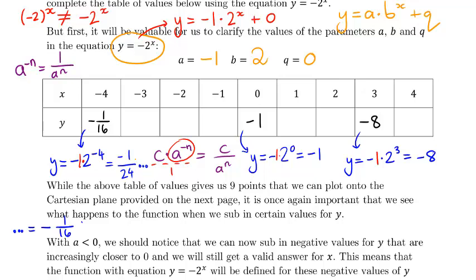So with that logic, we should see that all these y values are just going to be the negative versions of what they were for the classic version y equals 2 to the x. So it becomes really easy to figure out these y values. And there you have it, guys. All of our correct y values.